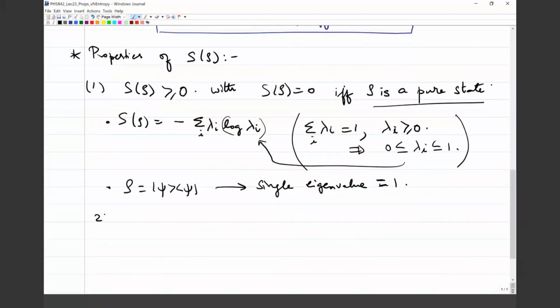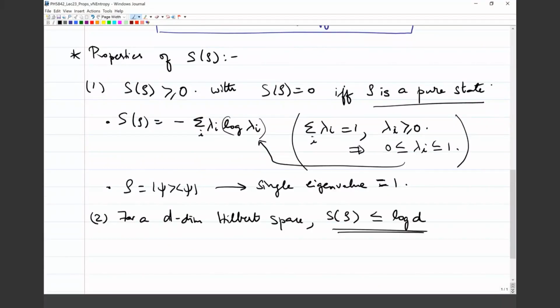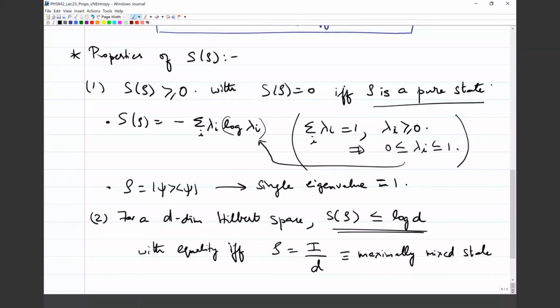For a d-dimensional Hilbert space, S of rho is always less than or equal to log d, with equality if and only if rho is equal to I by d, which is the maximally mixed state on the space.